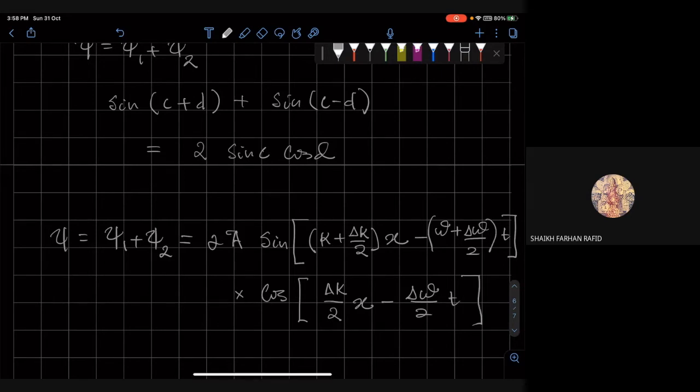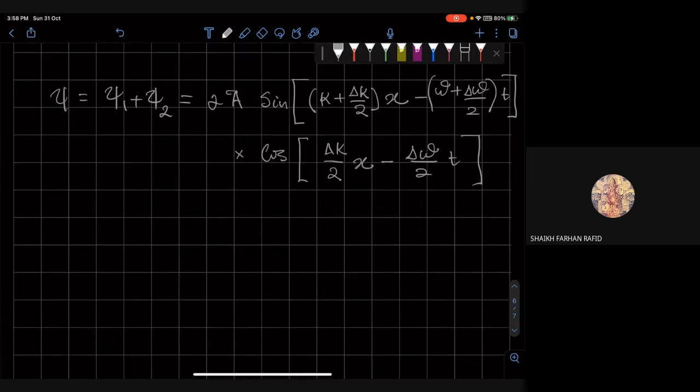Okay? So what does this look like? This mathematics should be familiar to you if you have studied beats. Do you remember beats from waves and vibrations? The difference of frequency. Yeah.